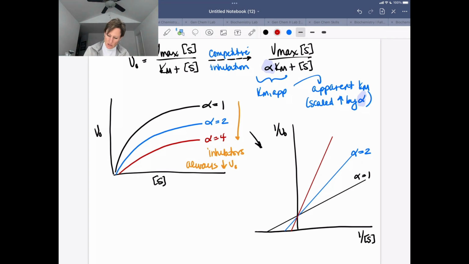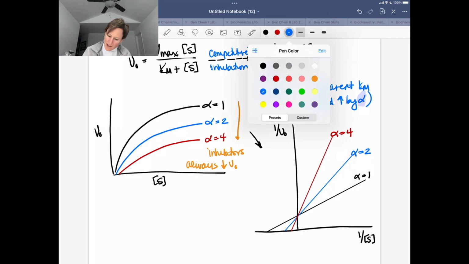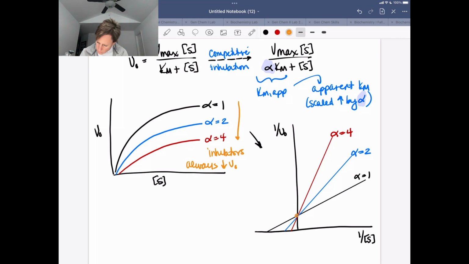And I'm very intentionally drawing these this way because I know that the hallmark for a competitive inhibitor is that we do not affect Vmax. So right here we can see that all of these points kind of intersect in the same region. And remember, the y-intercept of a Lineweaver-Burk plot correlates to 1 over Vmax. So Vmax is unchanged, okay?